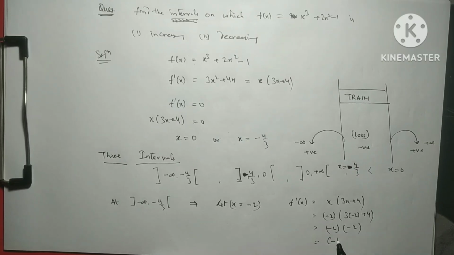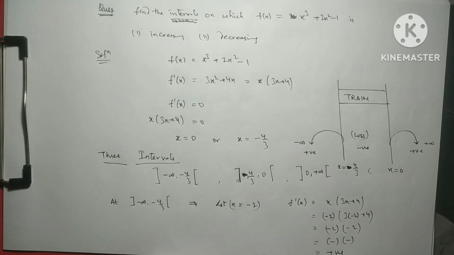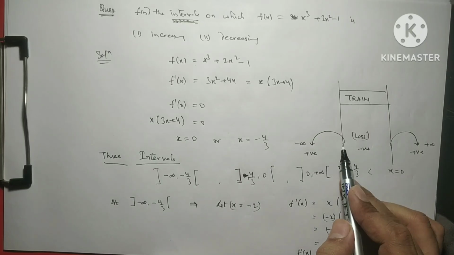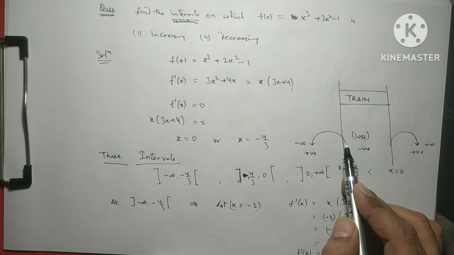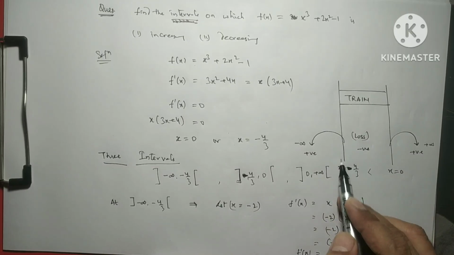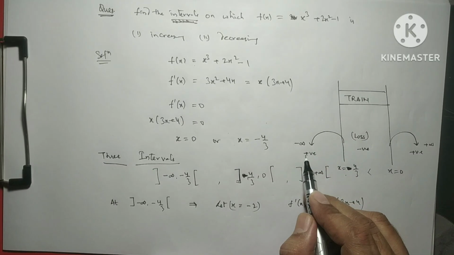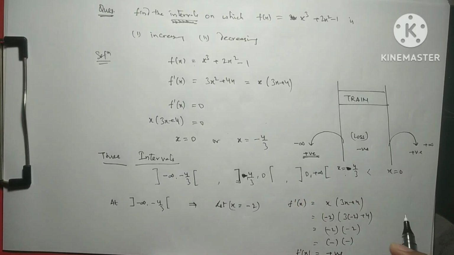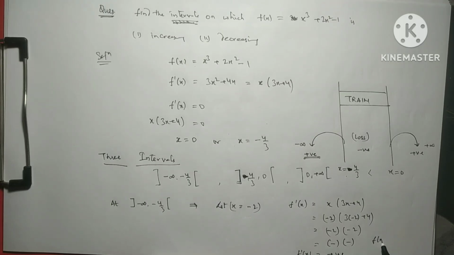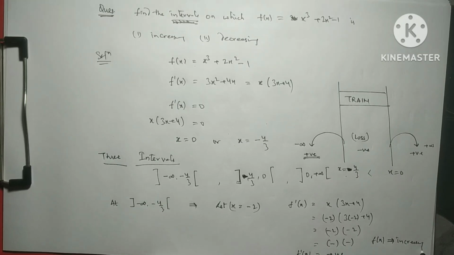So you have two negative values, and as a result you get a positive result. As we discussed, if you jump on the left-hand side of this terminal point, this rail, then you will be in profit, positive. Positive means the function will be increasing, so f(x) is increasing in this interval, right?